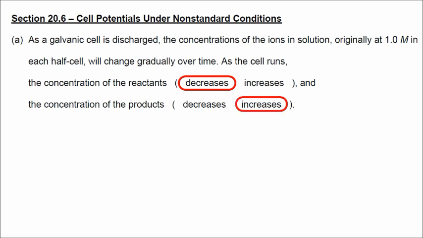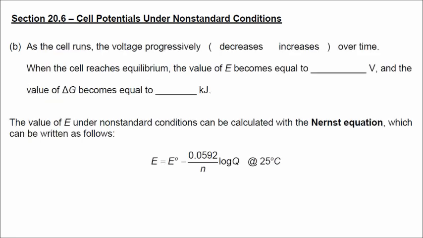This is going to change the voltage of the cell over time. So as the cell runs, the voltage progressively decreases and eventually the cell reaches equilibrium. At that point, the cell potential becomes 0 volts, like the battery is dead, and the value of delta G becomes 0.